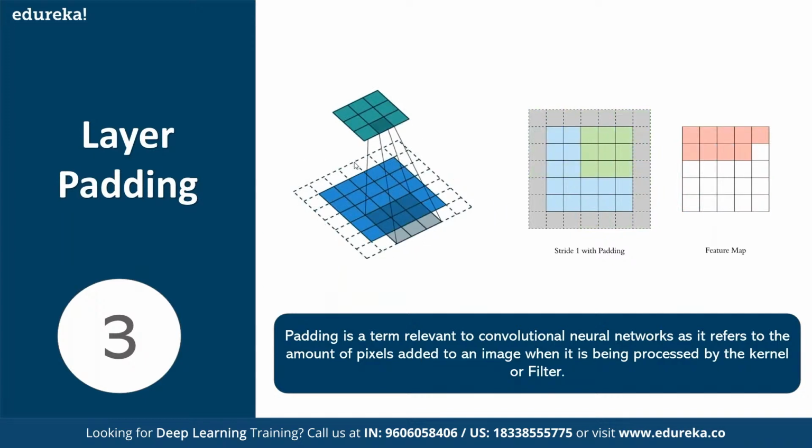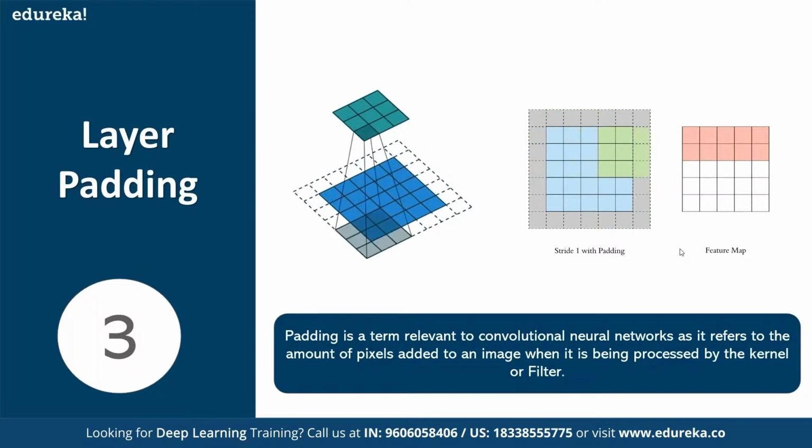So this shaded portion that you're seeing for a given image is the extra padding that I've added, where the pixel intensities of those regions will be equal to 0. Now by adding a padding layer for a given input image, I'm not losing the dimension even after I perform this convolution operation. So that's the concept behind this padding layer.